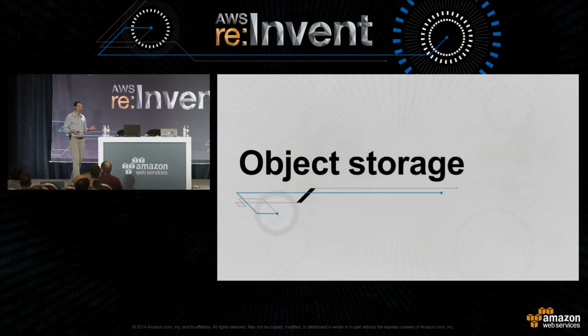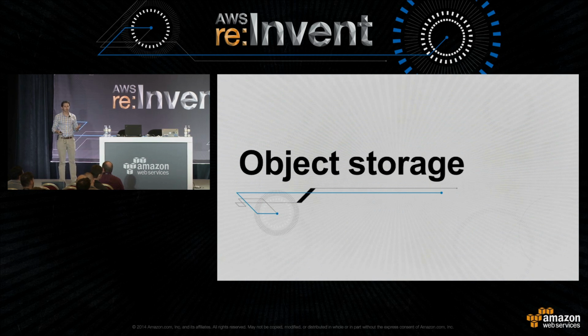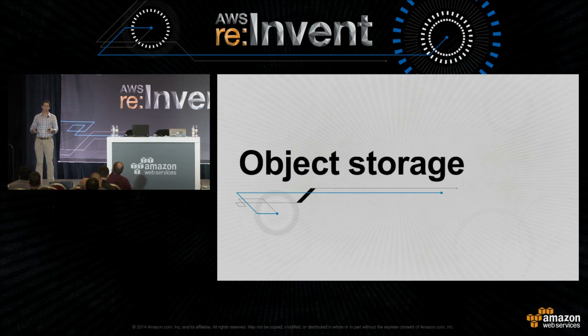The best platform to address the massive growth and the need for scalability for file data is object storage. For those of you who are not familiar with object storage, it shares some similarities to a file system, but instead of having a directory or a folder structure, we store the files in a completely flat namespace.